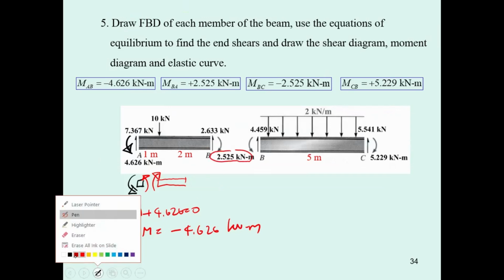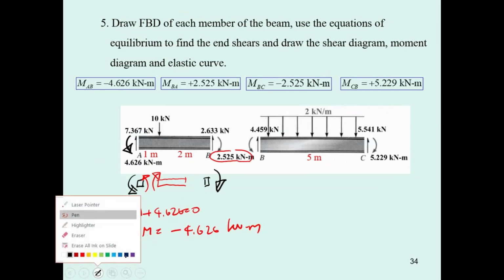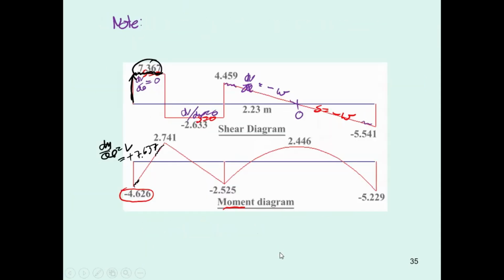Then if you put this one and this is 2.525, following the sign convention that we have, you will have M. You will have this one. Rotate in the same direction. The same thing. M plus 2.525 is 0. So M is going to be minus 2.525 kilonewton meter. You will get this one.